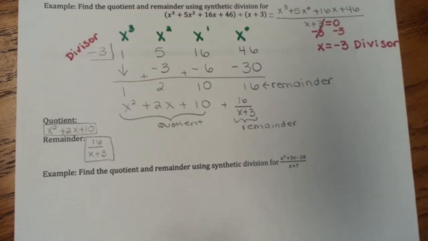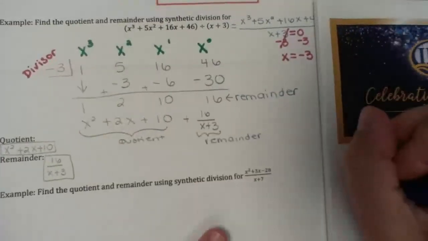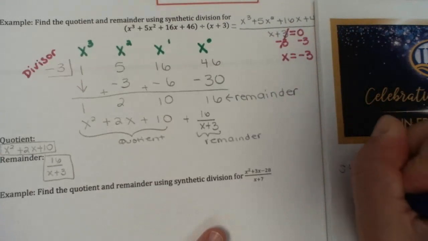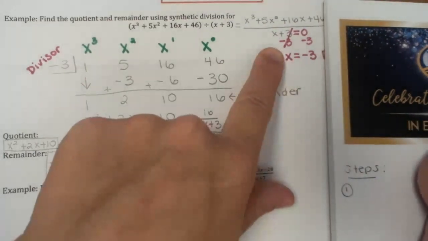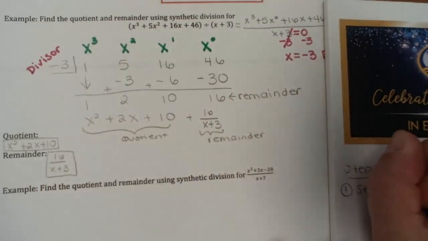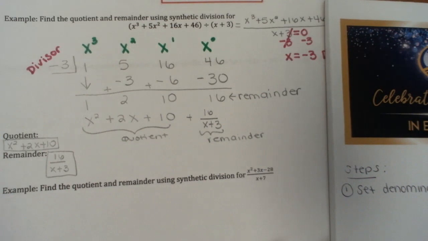So recapping, let's write a couple little steps to help us through this. Let me get a pen. All right, so our first step was we found our divisor. What we did is we set the denominator equal to 0, and then we solved for x.